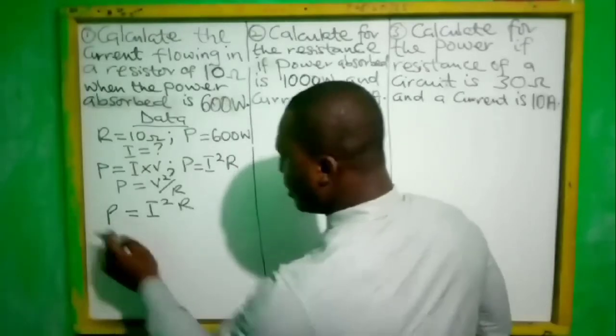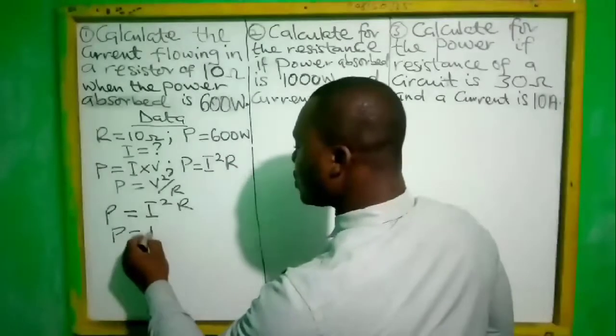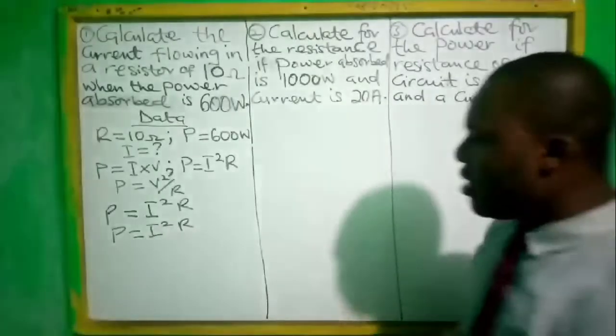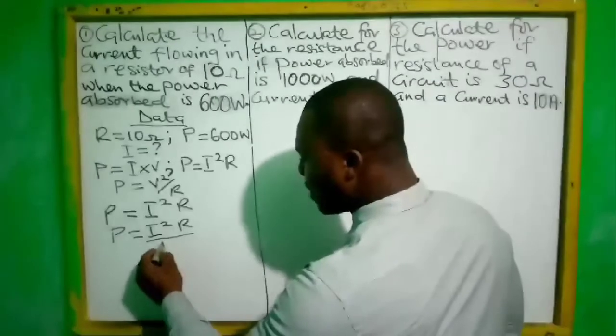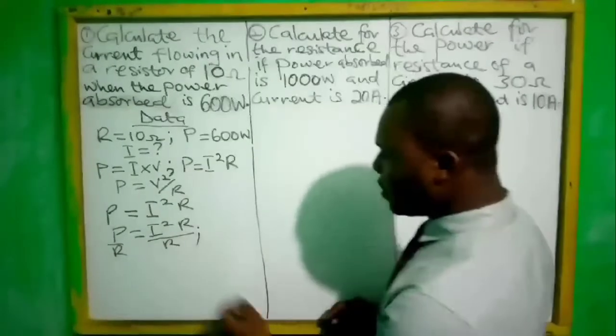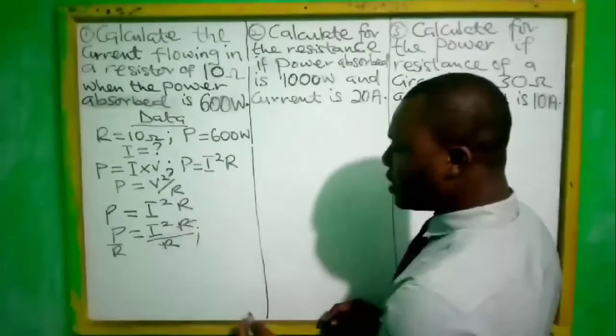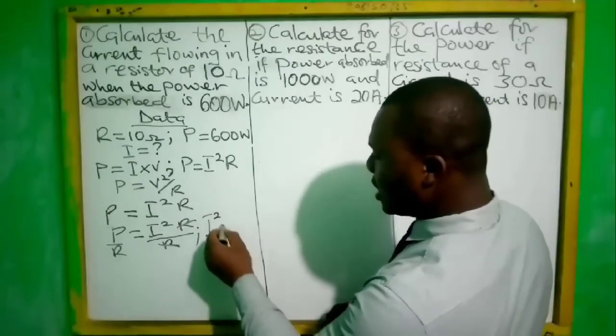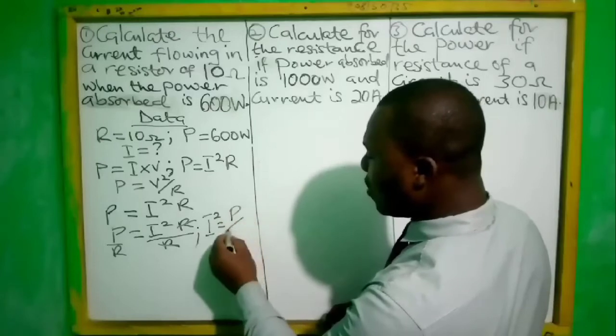Let me bring it again. Power equal to I squared times R. So let's divide both sides by R. So when we divide both sides by R, then we can use R to cancel R. This time we'll have what? I squared equal to power over R.